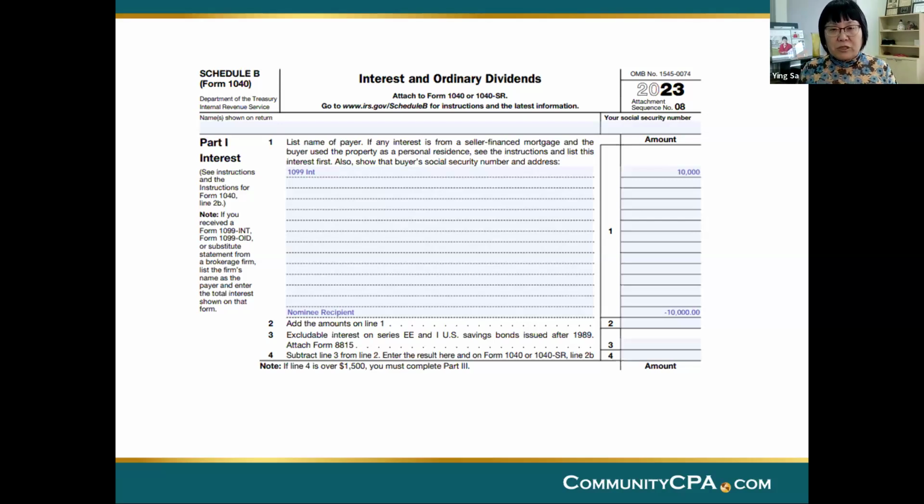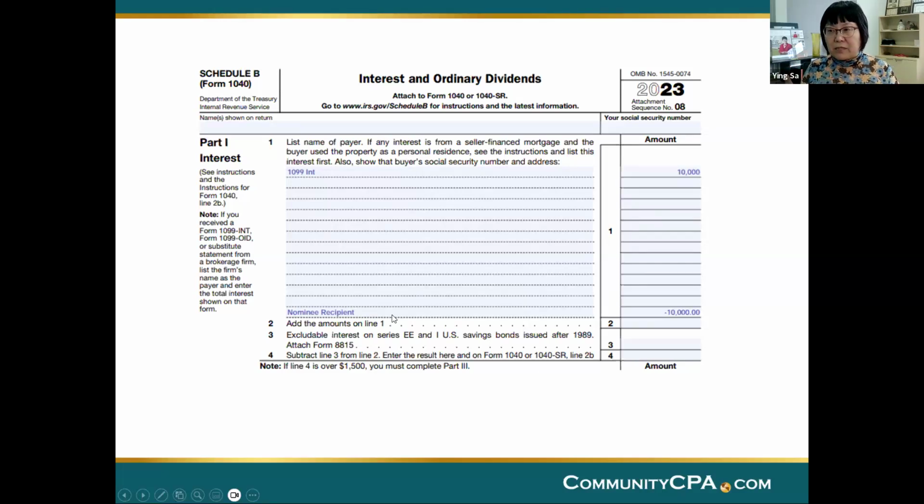So on my tax return, I will still put in the 1099 INT, just like you are seeing right here, 10,000. But on the very bottom of section 1, you see I didn't go to other places. I stay on the same section 1. I put in nominee recipient. That is me. Okay? And I subtract that 10,000.